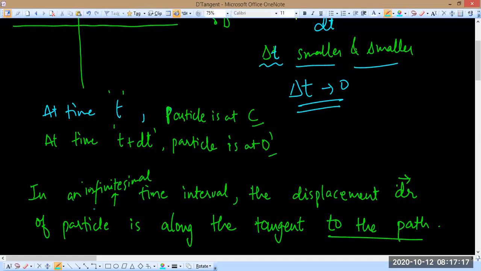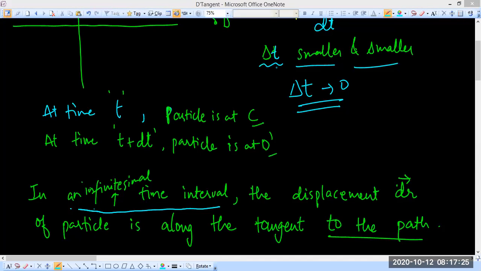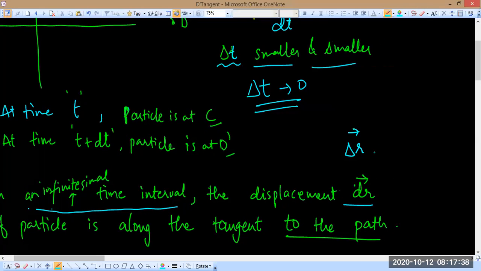Again, if there is an infinitesimal time interval, then in that infinitesimal time interval, the displacement is dr vector. You might be wondering, why am I not writing delta r vector? Because in a small time interval dt, the particle cannot move a lot.